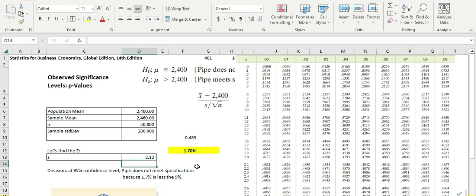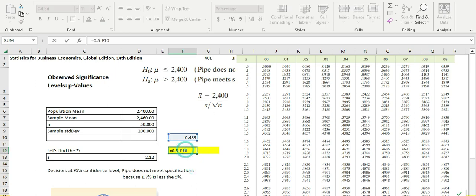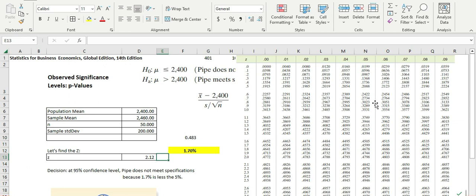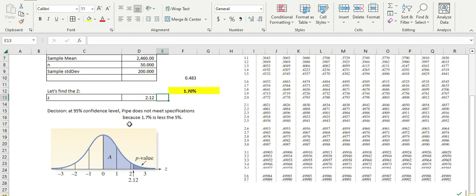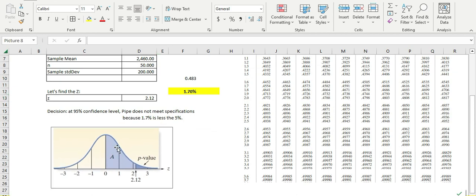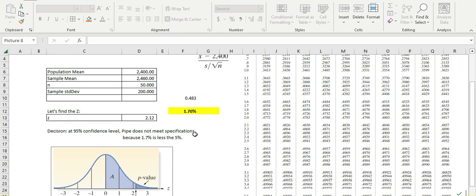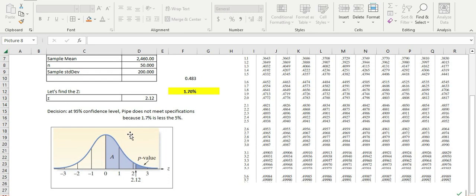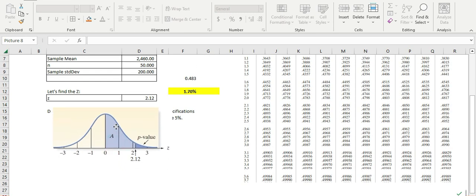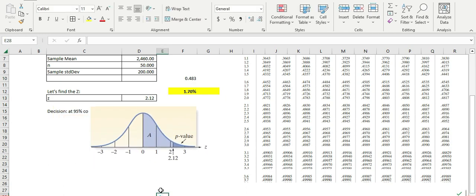You might be wondering how they came up with this. Let's explain. This one here is the z table, the normal curve table, the normal distribution table.